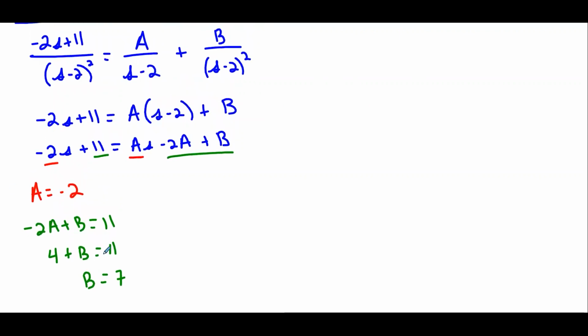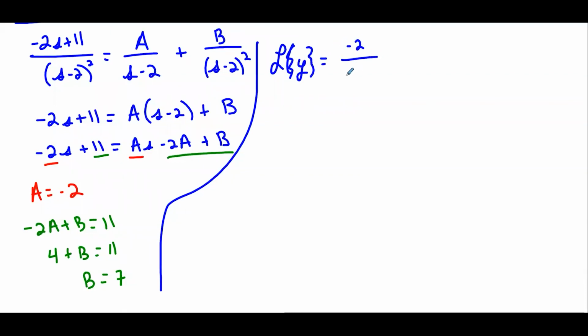All right, so we're just going to plug those back in. So we're going to say that the Laplace transform of y is a over s minus 2 plus b over s minus 2 squared.